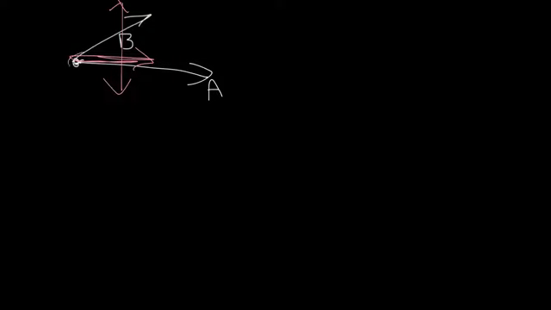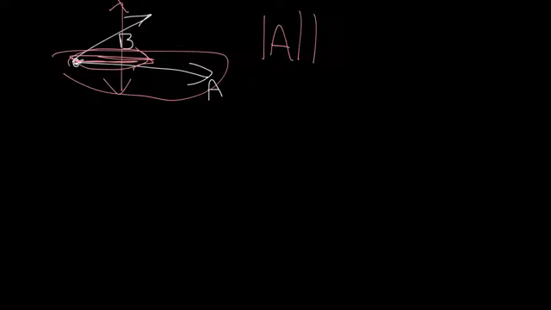So if we multiply this part of B here times A, what we're doing is multiplying the parts of them that are parallel. Okay? And we can find that by multiplying the magnitude of vector A times the magnitude of vector B times the cosine of the angle between them.